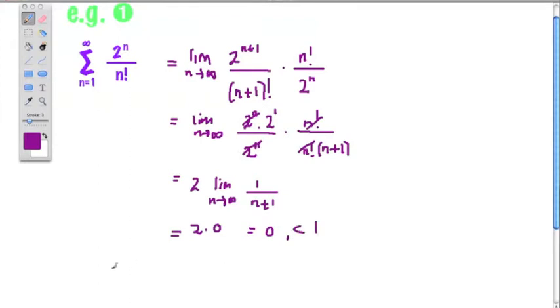As 0 is less than 1, therefore for the function 2 to the power of n over n factorial, we can conclude that it is converged. So that's all.